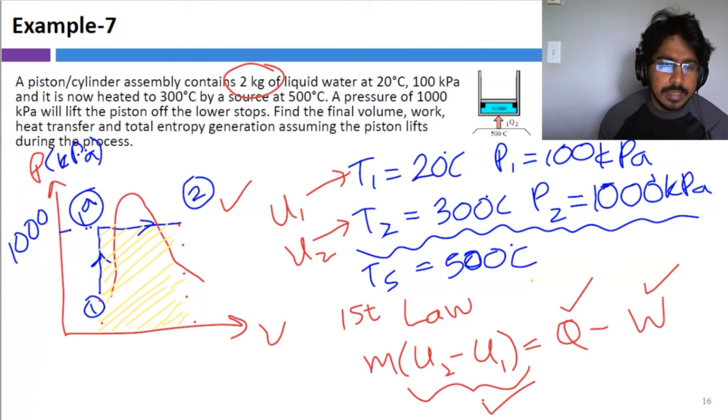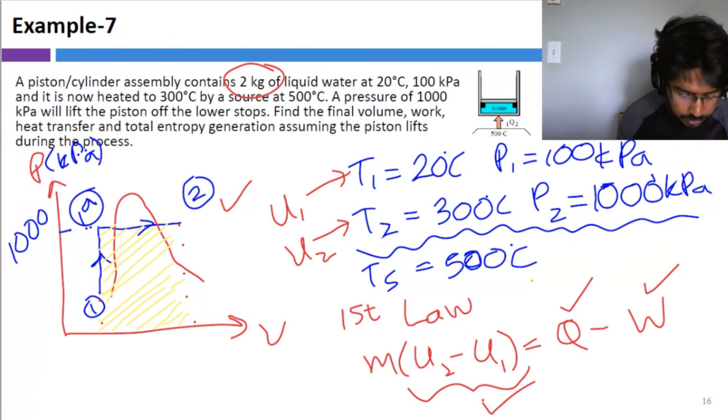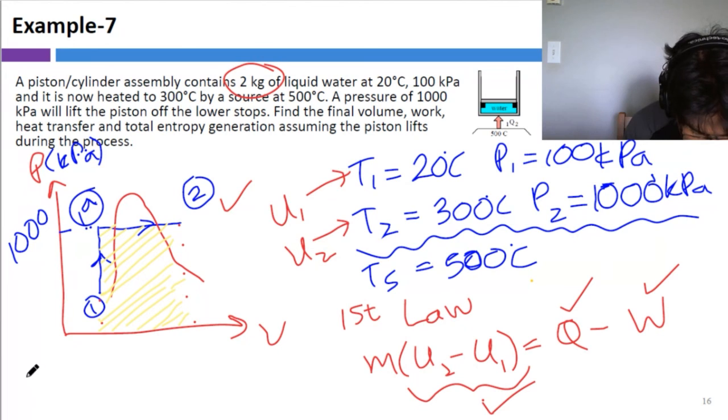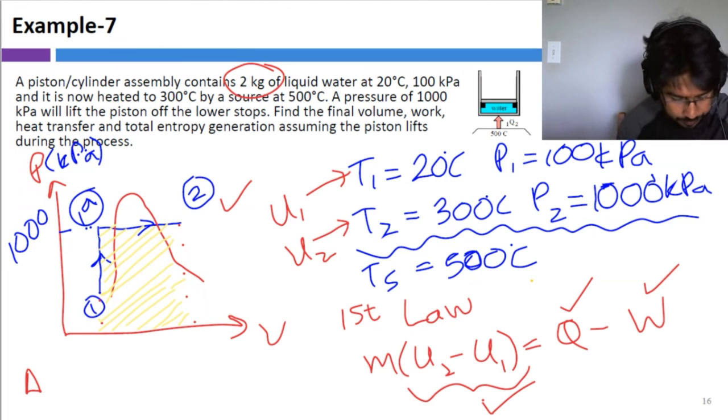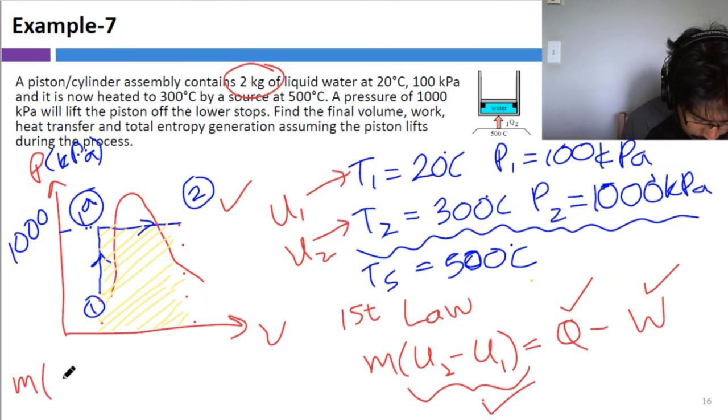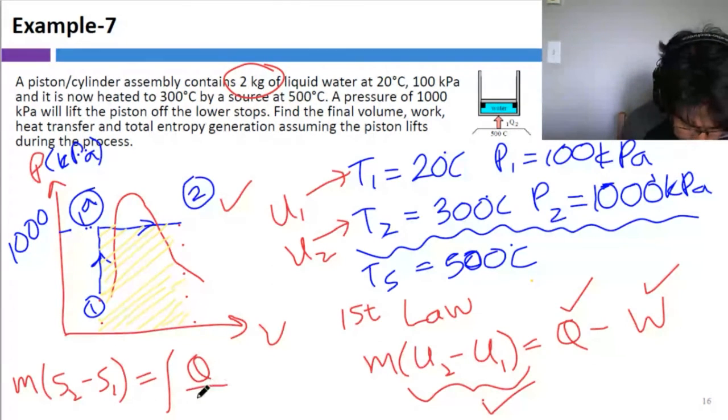And similar to internal energies, entropies can be calculated too. So once you know the entropies, you know that delta S of the system, or I would write m(S2 minus S1), is equal to the entropy transfer due to heat plus entropy generation.